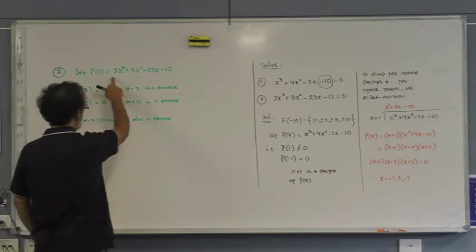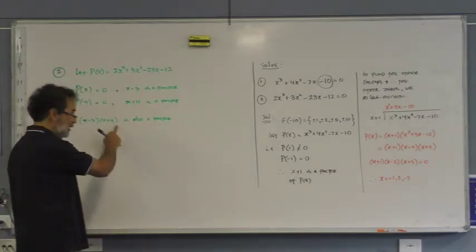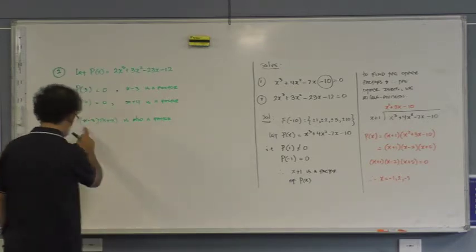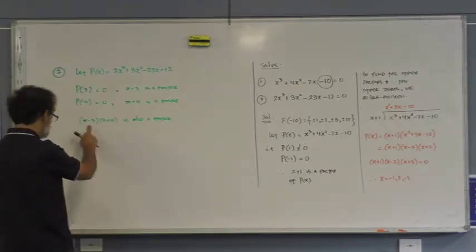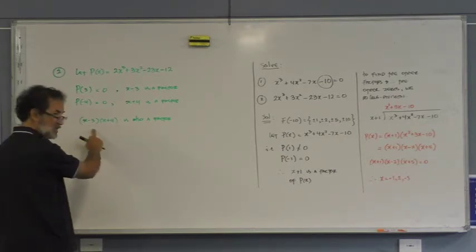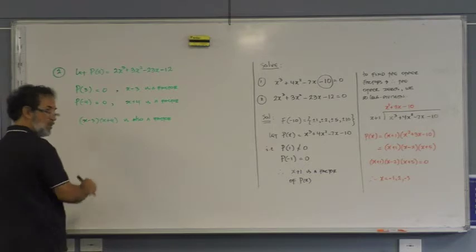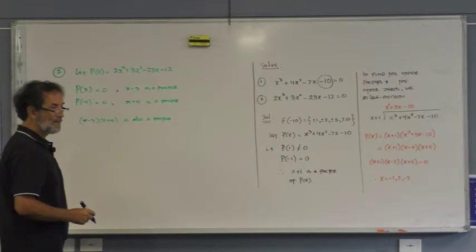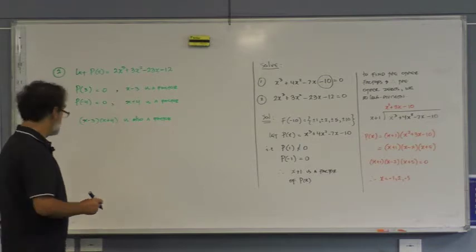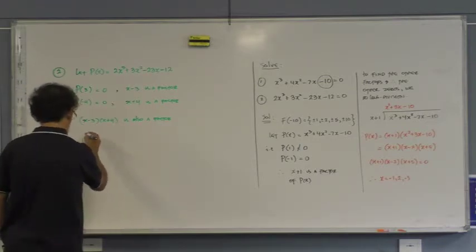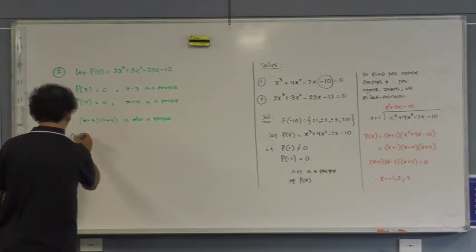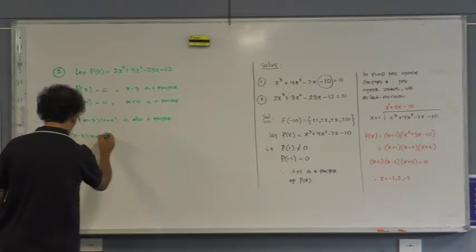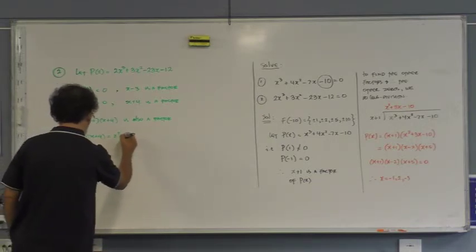So what we're going to do is divide this polynomial by this. But to do that, we're going to expand this. Can you please expand this and tell me what the answer is? I want you to do the multiplication. So you do x minus 3 multiplied by x plus 4. x squared plus x minus 12. That's correct. So x minus 3 multiplied by x plus 4 is equal to x squared plus x minus 12.